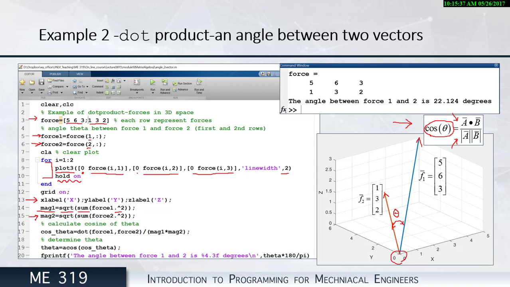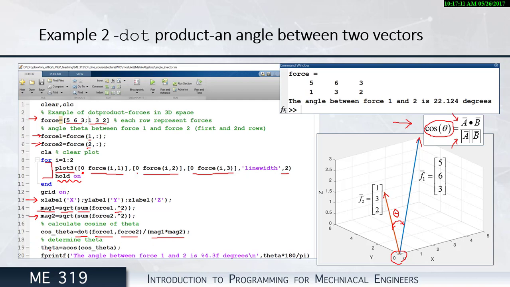Magnitude 2 is obtained in the same way. After you find the magnitude of each force, you can apply this equation, which means that you do the dot product of force 1 and force 2 and divide by magnitude 1 and magnitude 2.